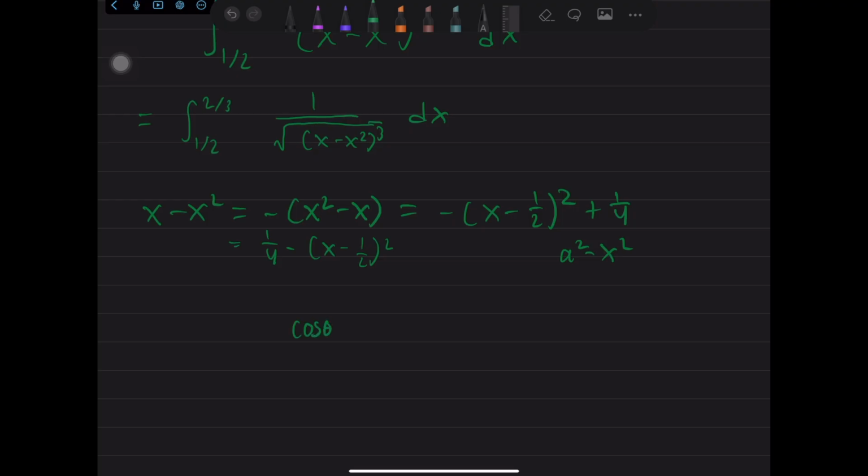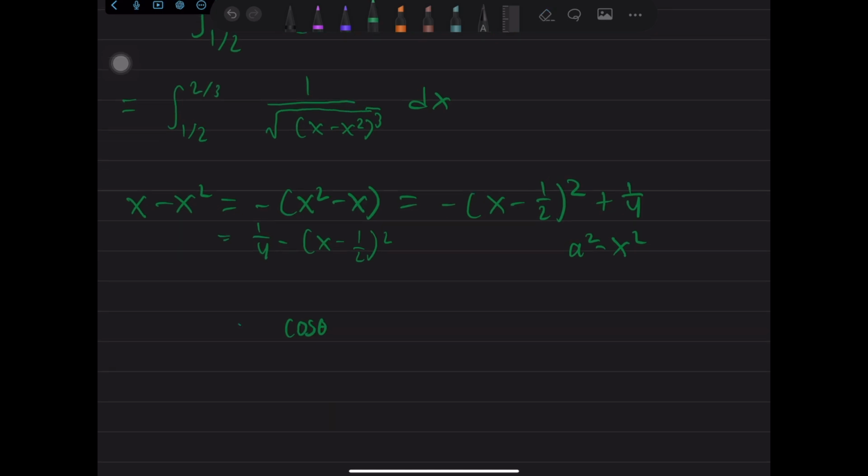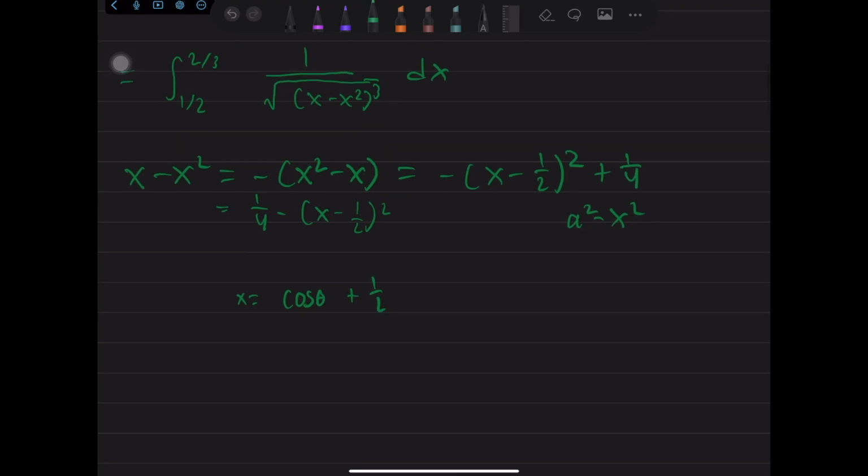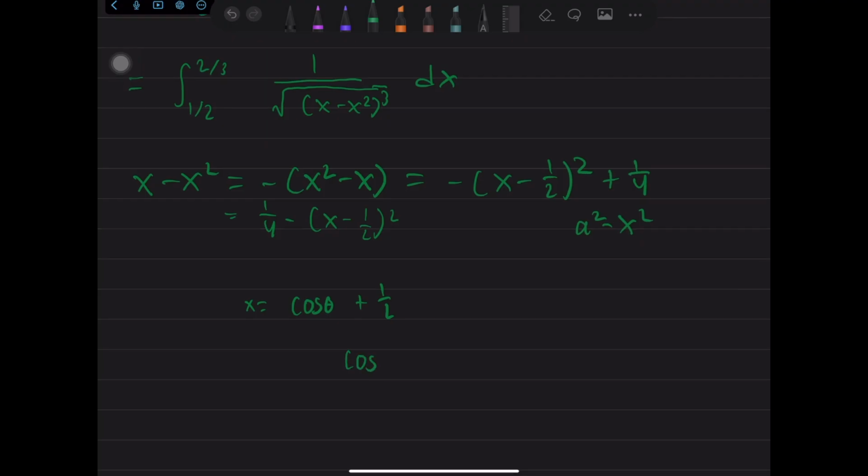We could use cosine of theta or sine of theta here; it will not change the answer. Let's say we use cosine of theta. So x will be equal to cosine of theta with some coefficients, of course, plus 1/2. When we plug this in, since the minus 1/2 and the plus 1/2 cancel out, we'll get cosine squared of theta in there.